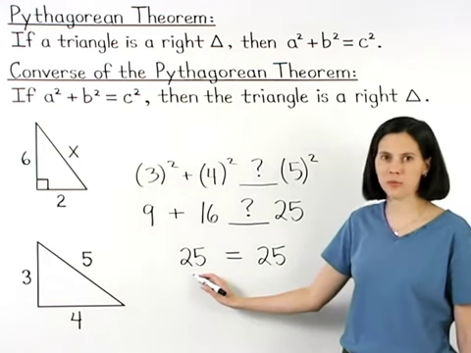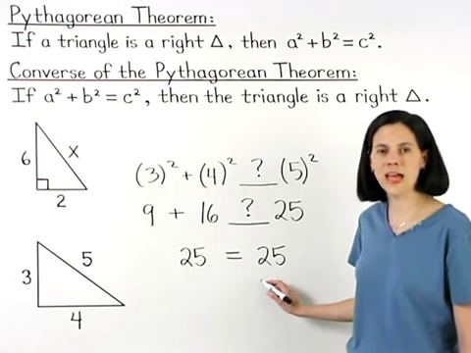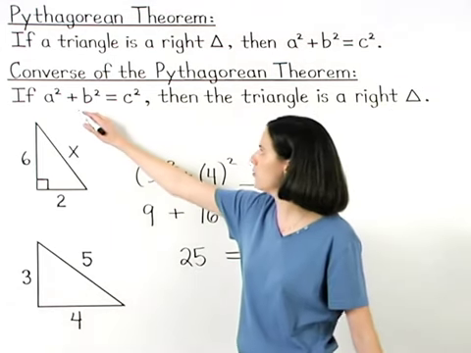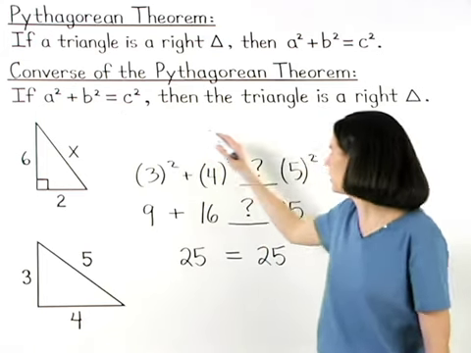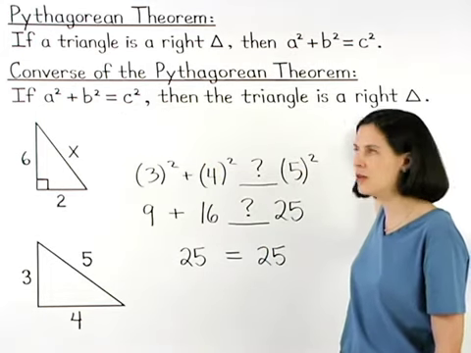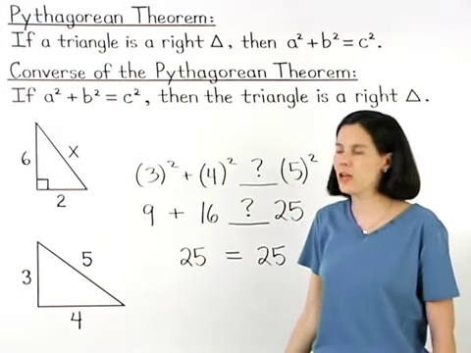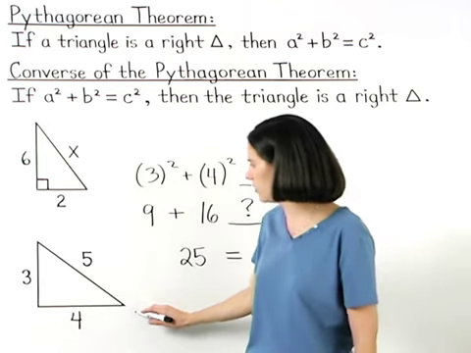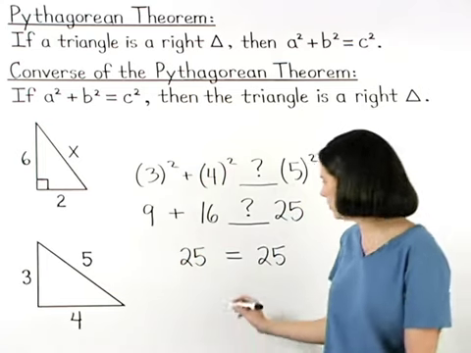So a squared plus b squared equals c squared, and remember that if a squared plus b squared equals c squared, then the triangle is a right triangle by the converse of the Pythagorean theorem. So the triangle with sides of lengths 3, 4, and 5 must be a right triangle.